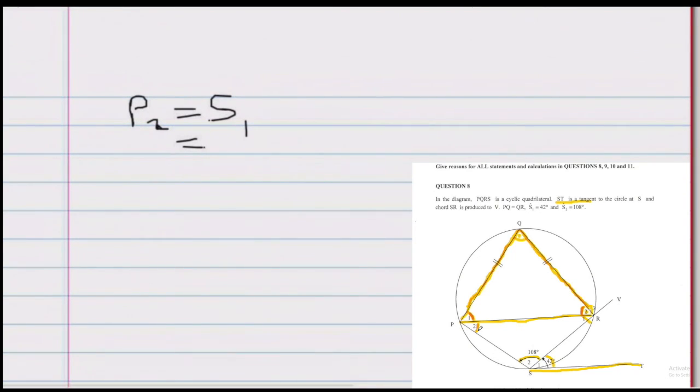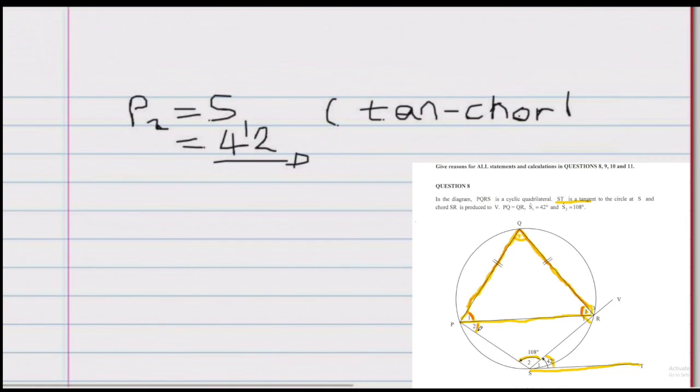We have the size of S1, which is 42. So the size of P2 will also be 42. And what's going to be my reason? My reason will be tan chord theorem.